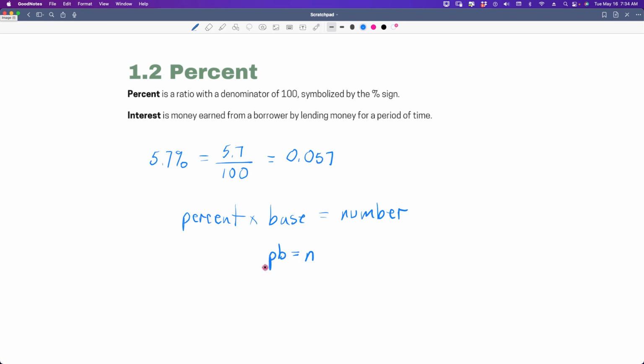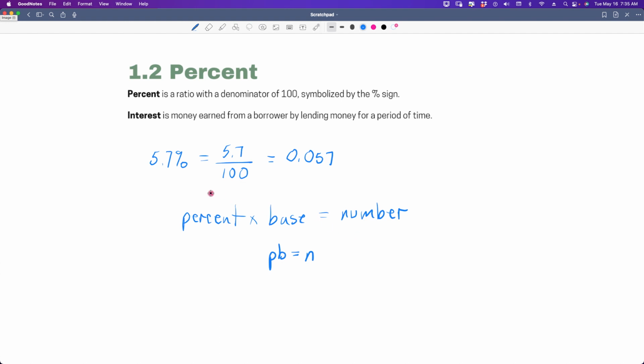So we could find the percent of the number. We could find what percent one number is, the base. We can find the base given that we have the percent and the number. So those are the three types. So I'm going to give you examples 1 through 3 to illustrate that.